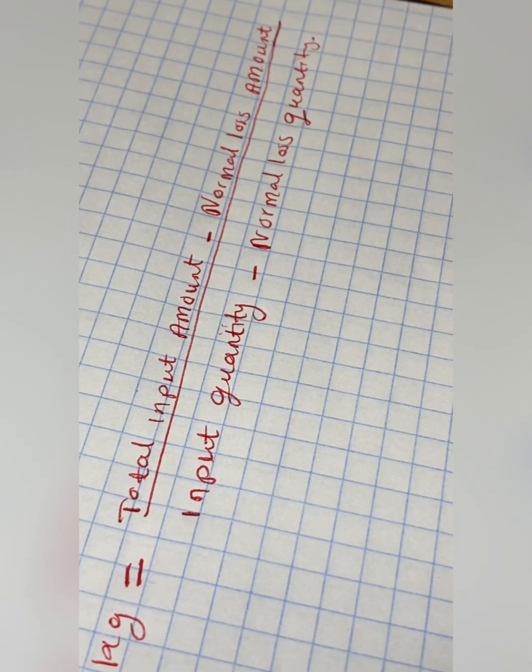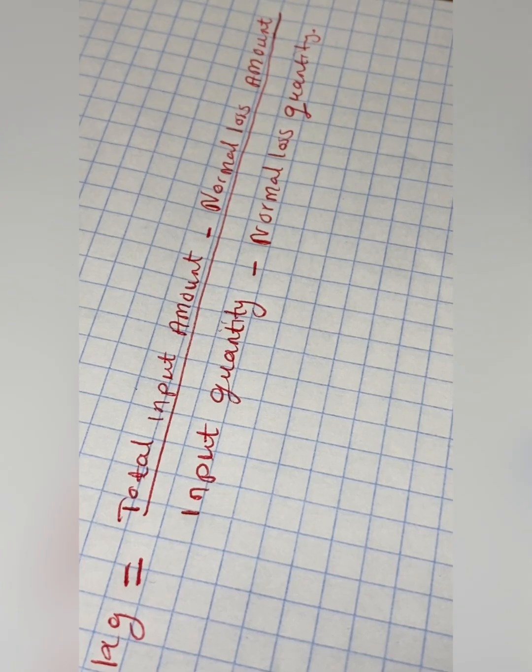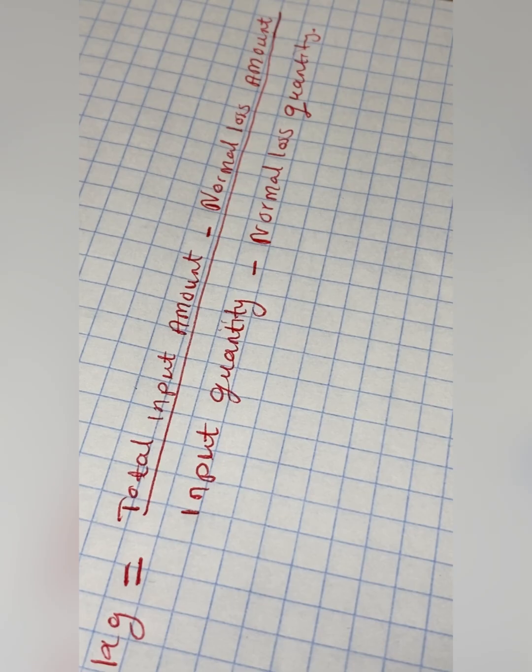Okay, so this is the formula for finding the cost per unit. So cost per unit, we are saying, is total input amount minus normal loss amount over input quantity minus normal loss quantity.